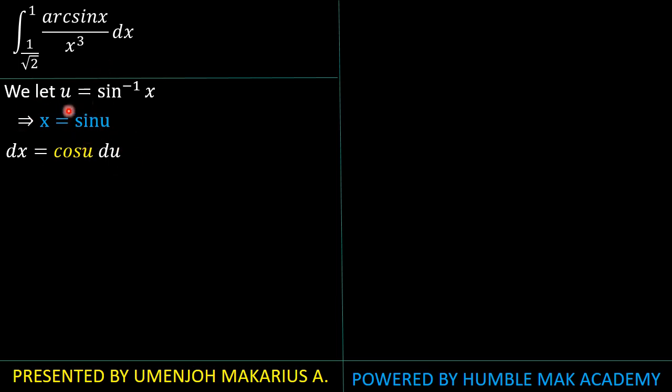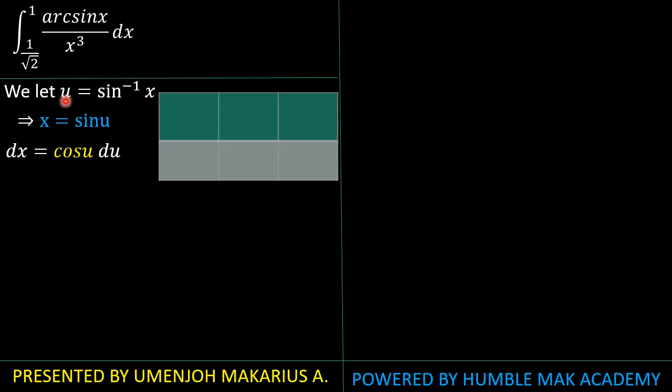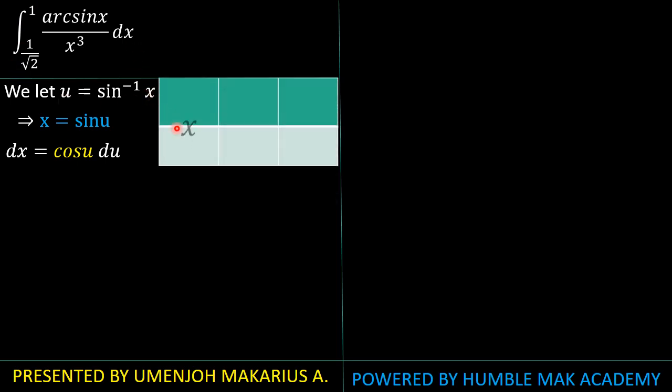Now we are going to change the limits of integration. We are going to have our table in this form: we need the x values and we need the u values. We need the value of u when x is 1 by root 2 and when x is 1. So we have 1 by root 2, then we have 1.